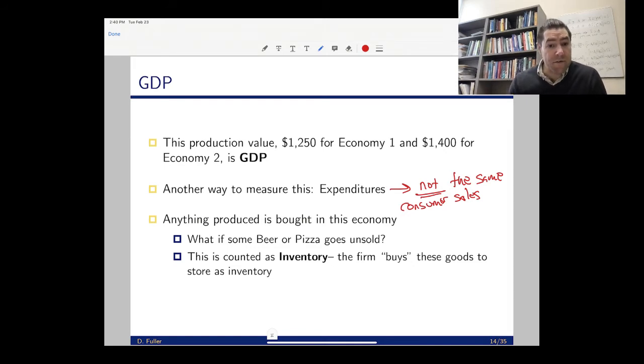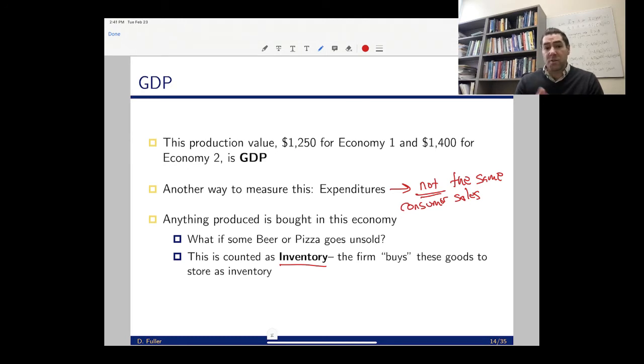So what happens to that? Well, that's what we call inventory. And it's technically counted as part of what we call investment. And we'll define that more specifically in another video. But what we're assuming is that the firm is effectively buying these goods, right? So the firm produced something and it's going to sort of buy them from itself and count it as inventory.